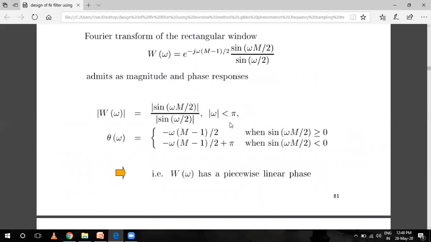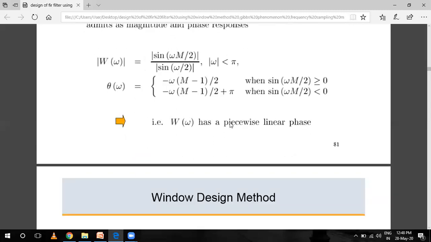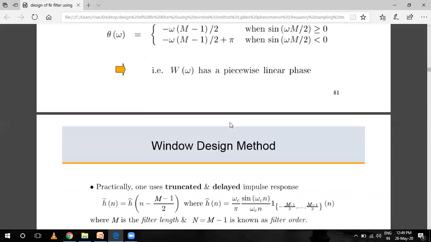Magnitude of W(ω) is |W(ω)| = |sin(ωM/2)| / |sin(ω/2)|, for ω less than π. Theta(ω) is equal to −ω(M−1)/2 when sin(ωM/2) is greater than 0, and −ω(M−1)/2 plus π when sin(ωM/2) is less than 0. W(ω) has a piecewise linear phase.